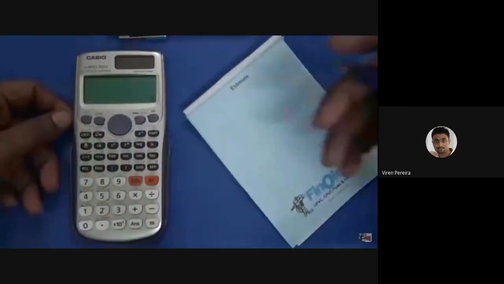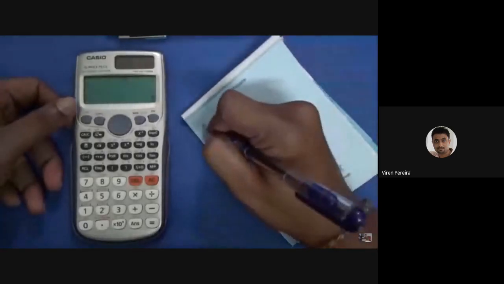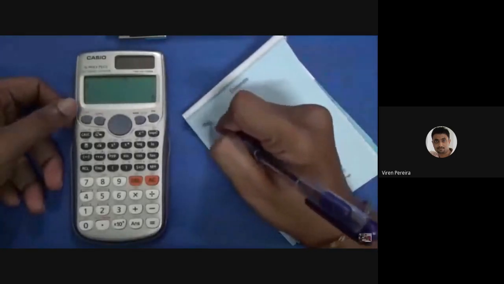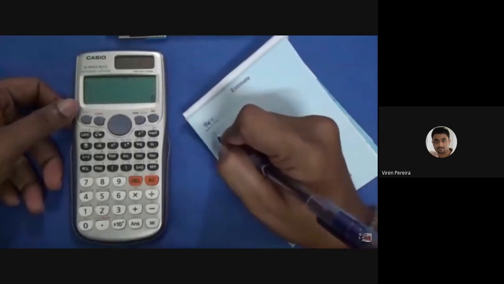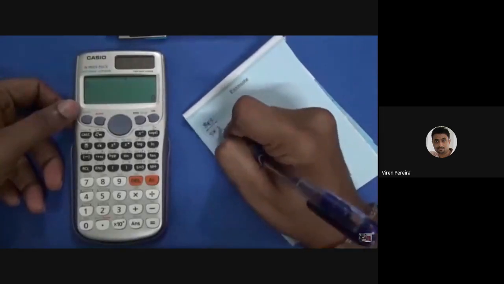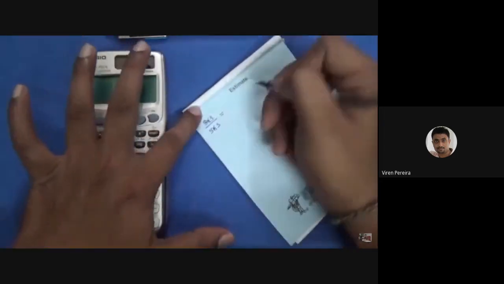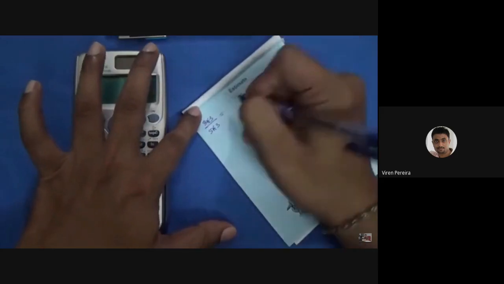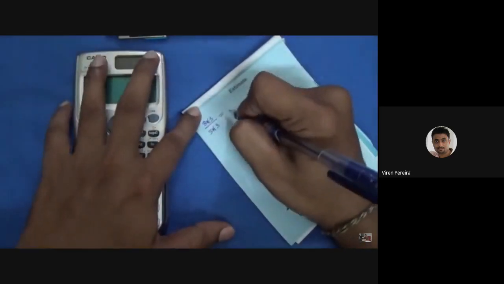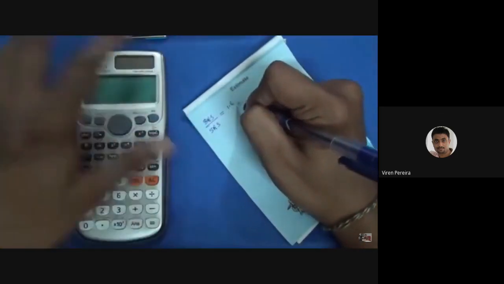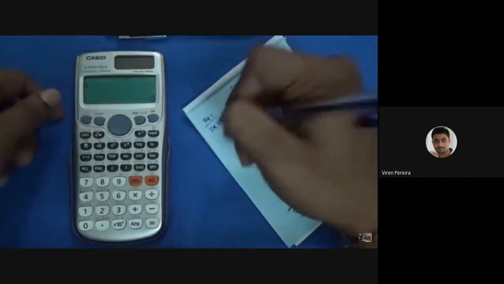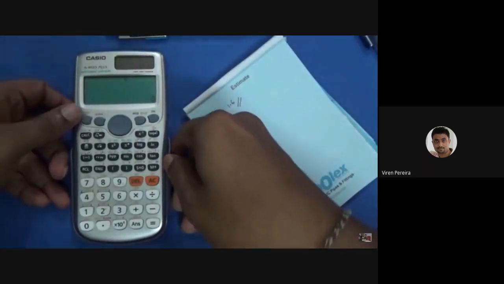Now say we have a problem which is 8 into 3 divided by 5 into 3. We already know the value is 1.6, so I should get 1.6 when I substitute this value in my calculator.